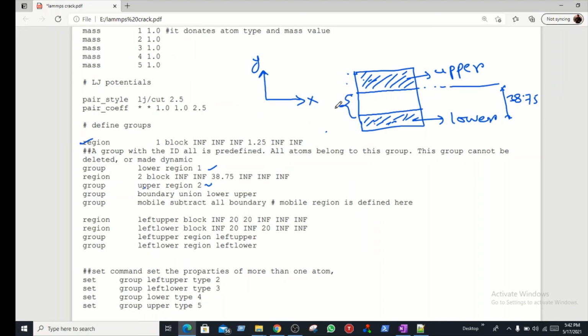Okay, here the mobile region is defined.